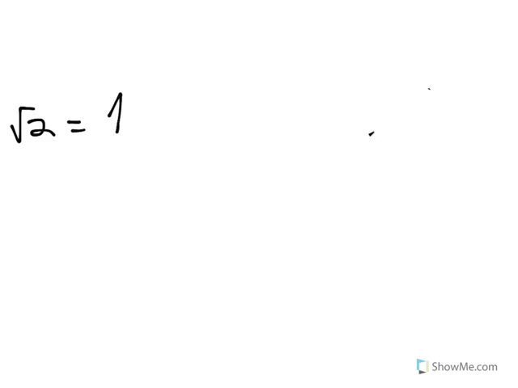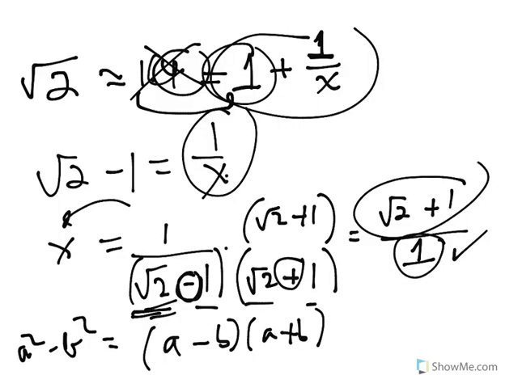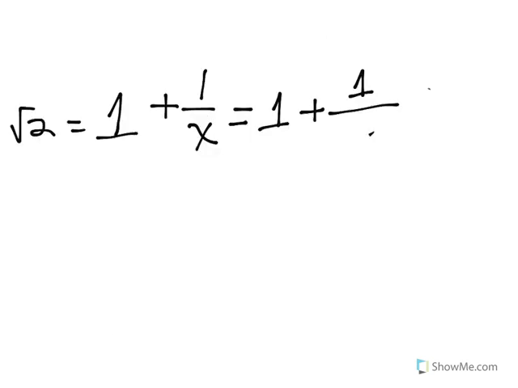Oops, let me fix that up. Square root of 2 is 1 plus 1 over x, but the x is replaced with square root of 2 plus 1, which I'm going to write as 1 plus the square root of 2.